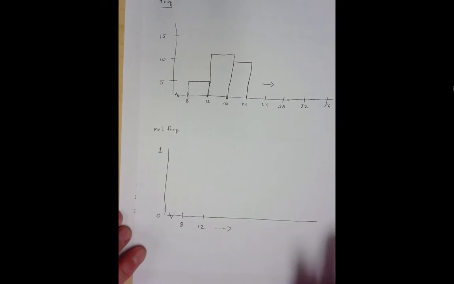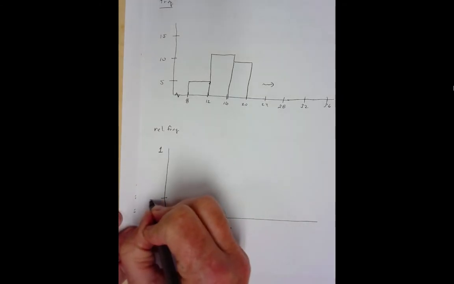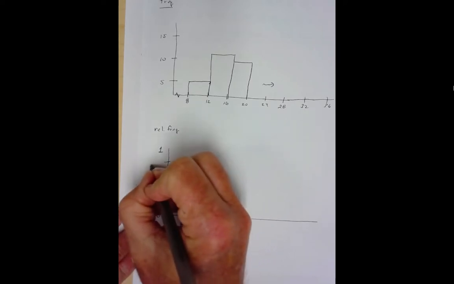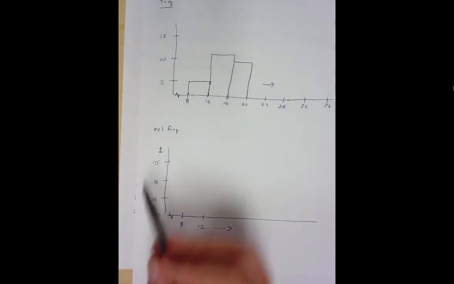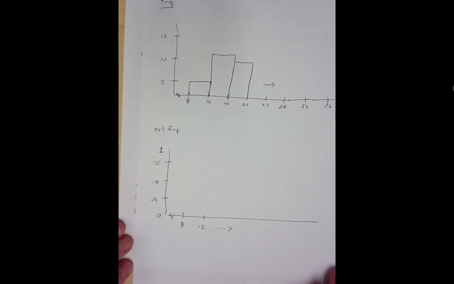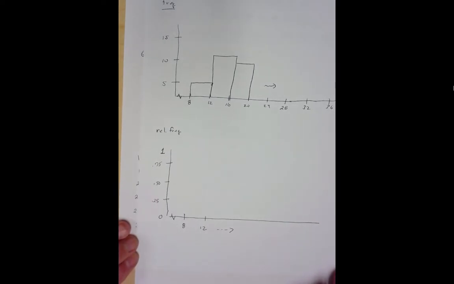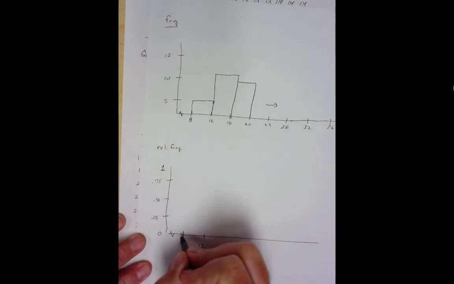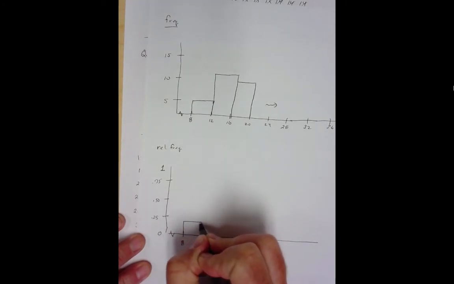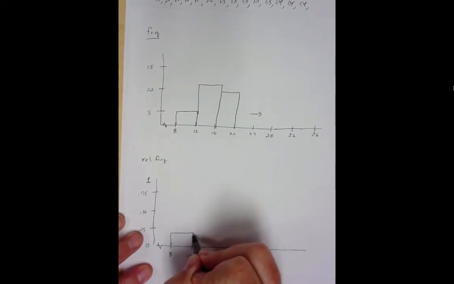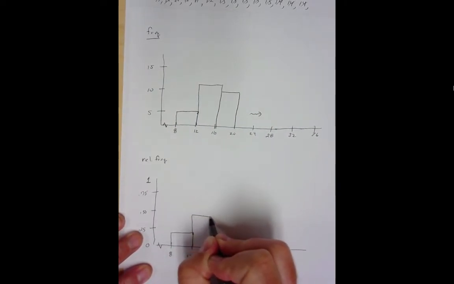So I would probably break this up into 0.25, 0.50, 0.75. If these decisions make no sense to you, don't worry about it. I'm going to teach you how to do this on StatCrunch. So anyway, the first would be 0.18, so it's going to go up about to right there. The other is going to go up to 0.39, which is going to be about right there.